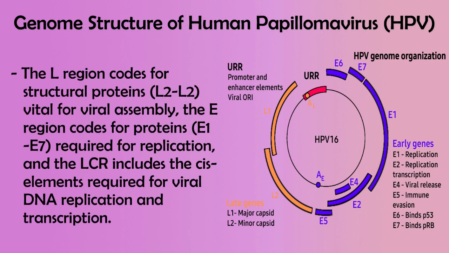The L region codes for structural proteins, vital for viral assembly. The E region codes for proteins, E1 to E7, required for replication, and the LCR includes the cis elements required for viral DNA replication and transcription.